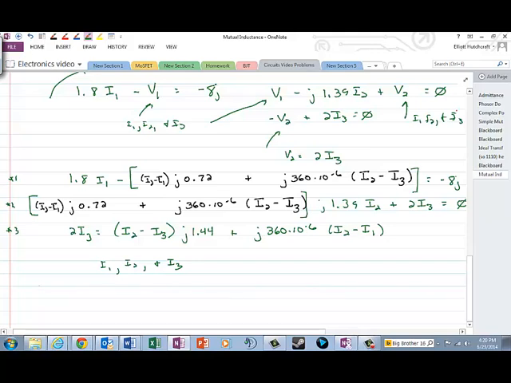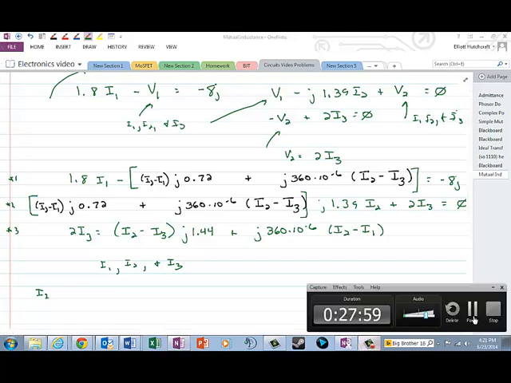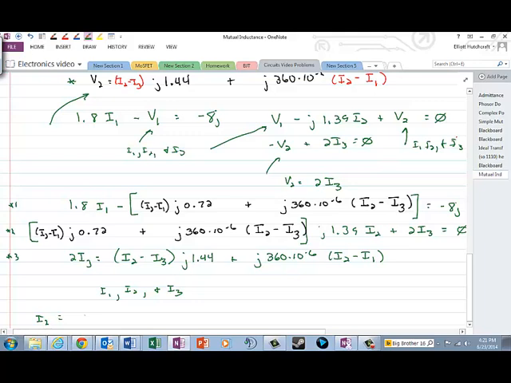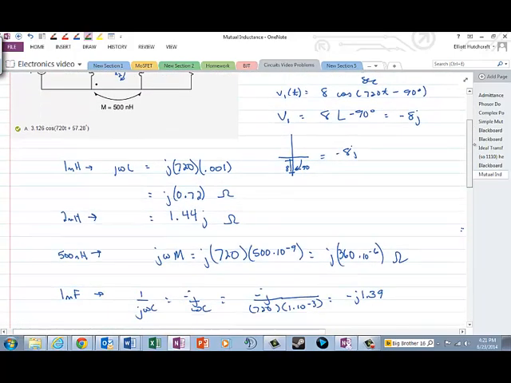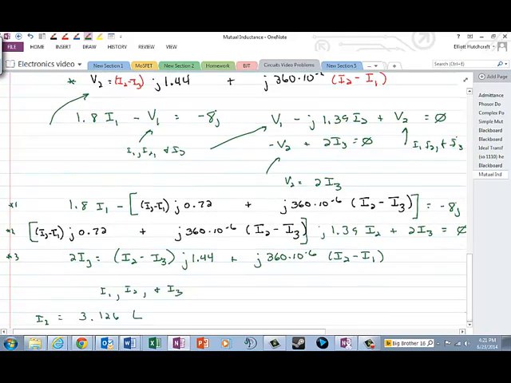And when you do this, you should get that I2 is 3.126 angle 57.28 degrees.